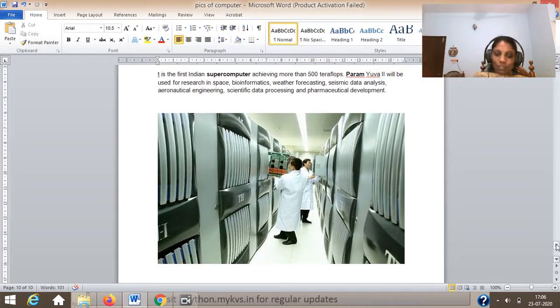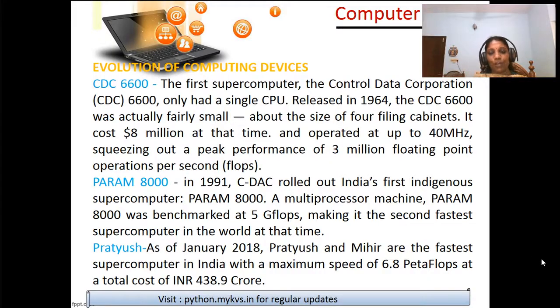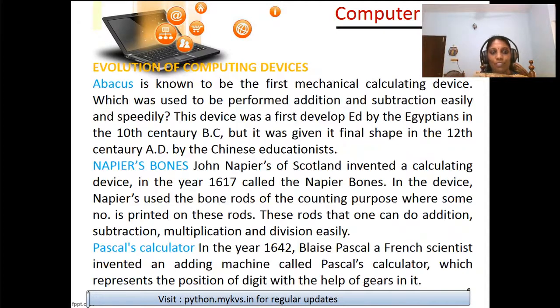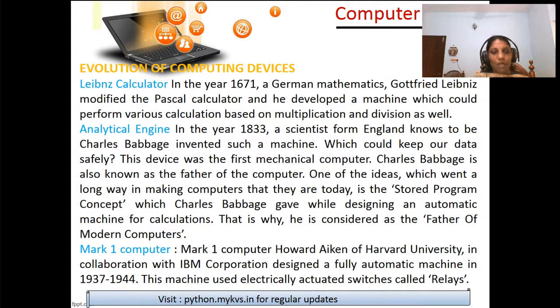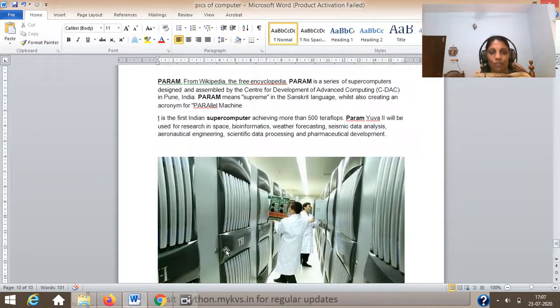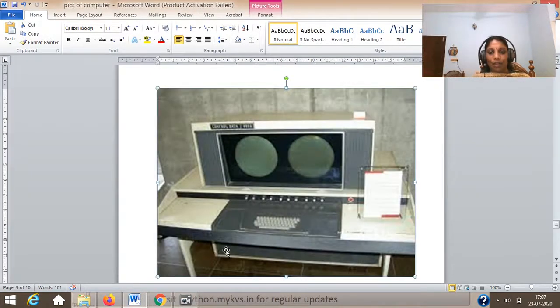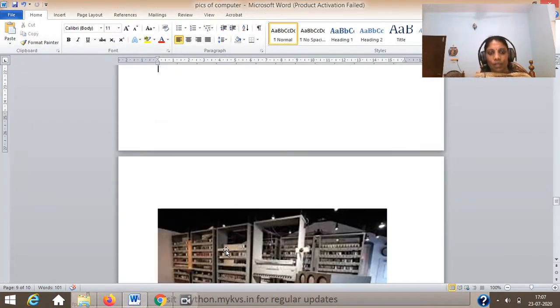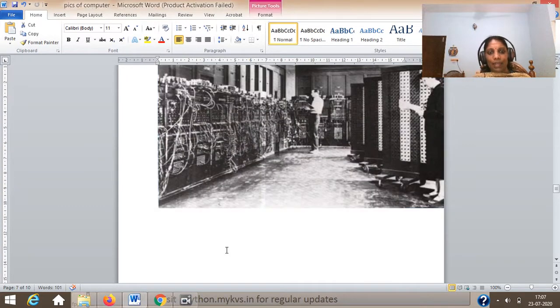Of course, the monitor will be small and the processors are going to be big, and that completes your different versions of computers. So, the evolution of computing devices: we started with the Abacus, Napier's bones, Pascal's, Leibniz's, the Analytical Engine, Mark 1. Of course, when I showed Mark 1, I don't know whether I made a mistake, because I showed the Analytical Engine and I showed Mark 1. So if you have a doubt regarding that, this is also another Mark 1, and these two are ENIAC and EDSAC.